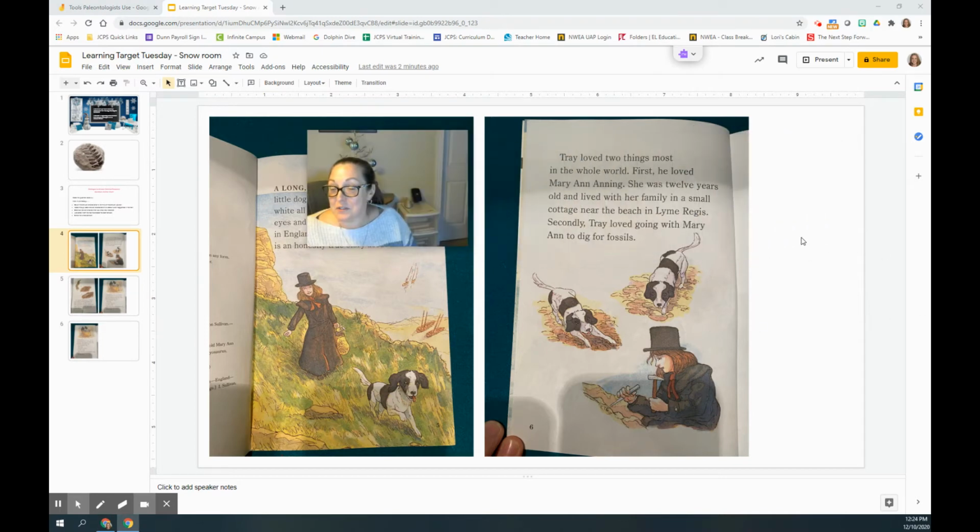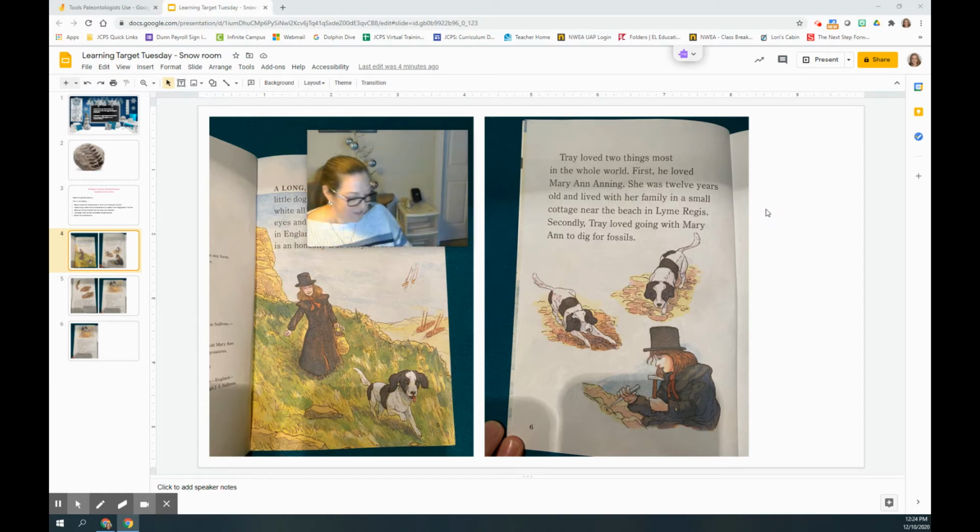Trey loved two things most in the whole world. First, he loved Mary Ann Anning. She was 12 years old and lived with her family in a small cottage near the beach in Lyme Regis. Secondly, Trey loved going with Mary Ann to dig for fossils.